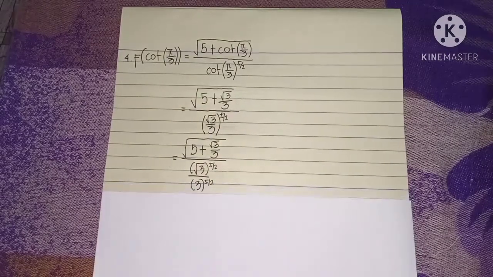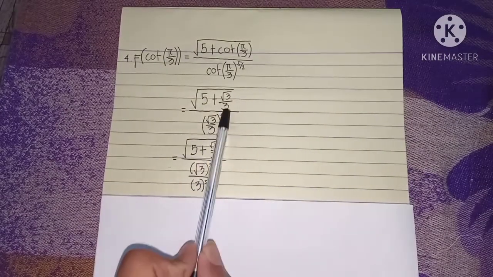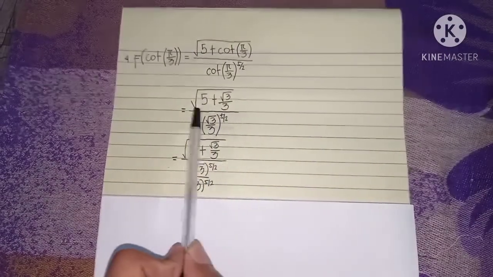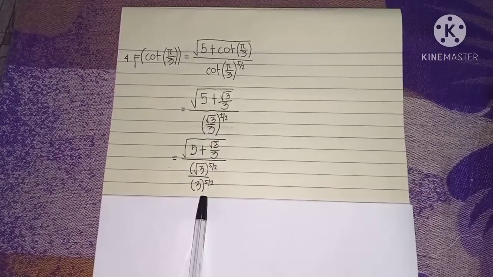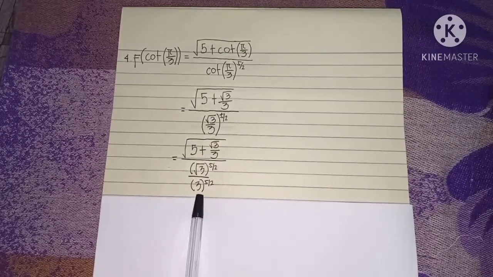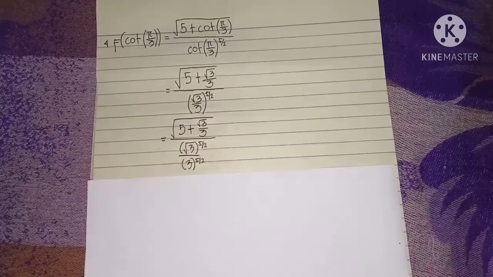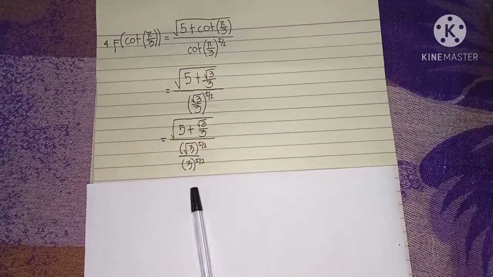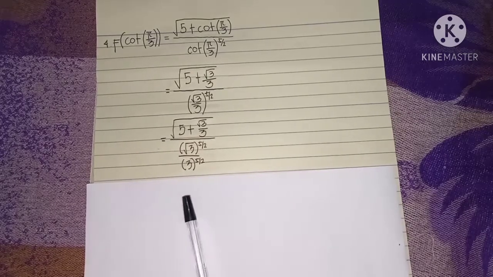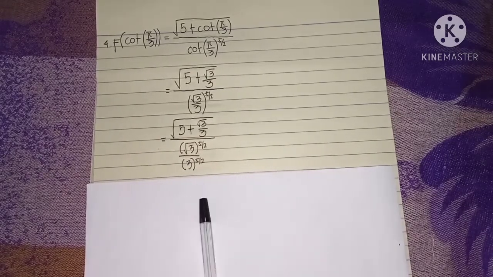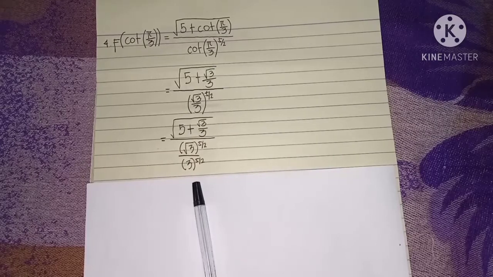There it is. We'll just simply copy our numerator, and then we'll distribute the exponent in our denominator. Next, to multiply it in our numerator, we have to reciprocate our denominator.